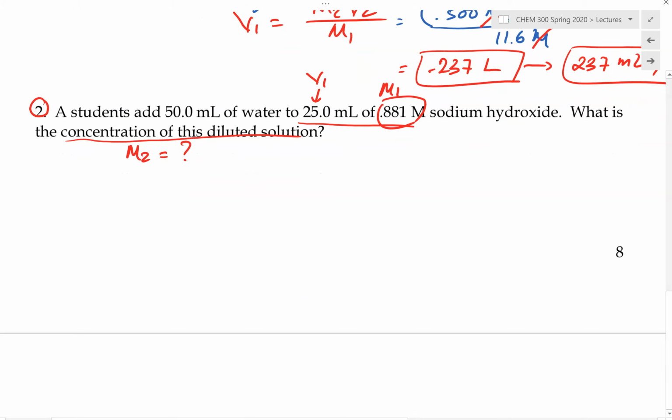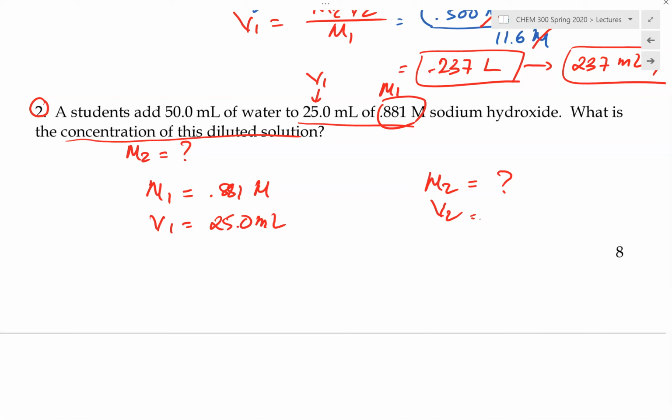Let's identify all of these variables. M1 is equal to 0.881 molar, and V1 is equal to 25.0 milliliter. As for M2, that is what the problem is asking for. And now as for V2, what would V2 be?